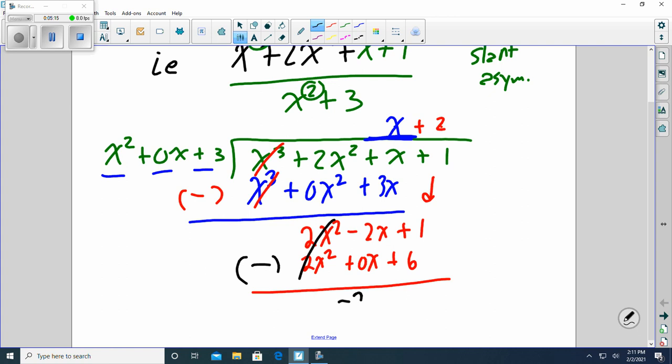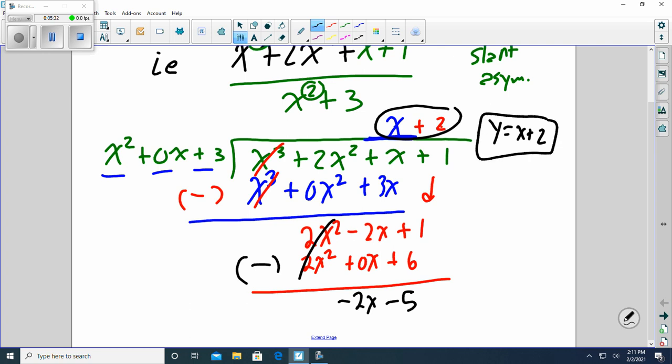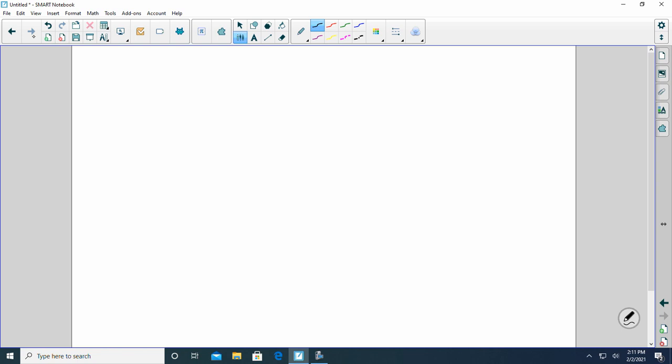That gives me negative 2x. That gives me negative 5. Okay? Can I multiply x squared by anything to make it negative 2x? No, so I'm done. So this here, y equals x plus 2, is my end behavior, or my slant asymptote. Okay? So let's put this down. Let's add a screen. So I had y equals x plus 2. Agree?